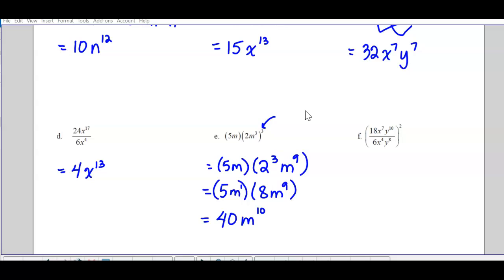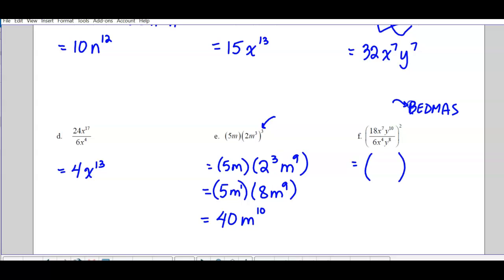Next one, we've got big brackets, lots to do inside there. So think of order of operations. If I have my order of operations, I should do inside the brackets first, okay? You can, in this case, actually deal with the outside exponent, raise everything inside to the exponent 2, but that's a lot of work. So if you follow the order of operations, we keep our brackets.